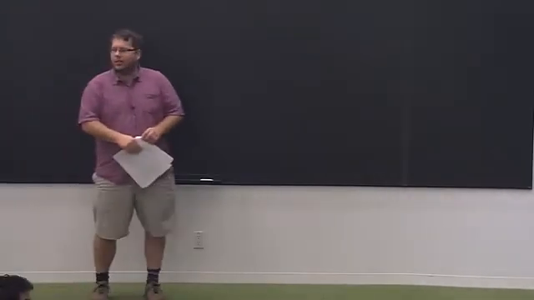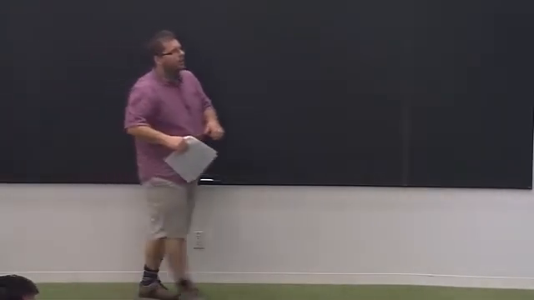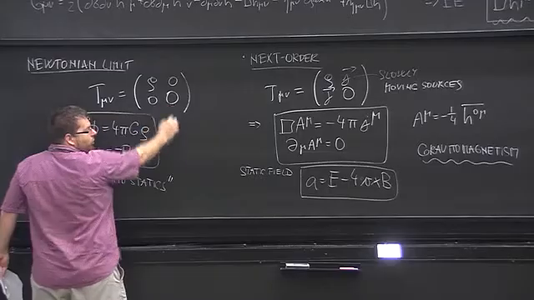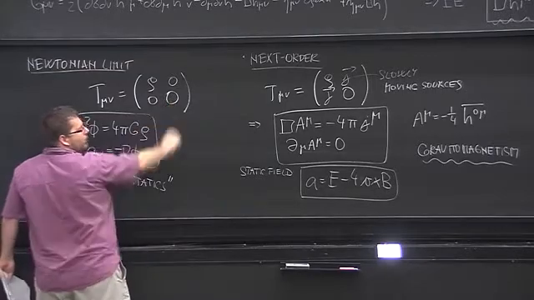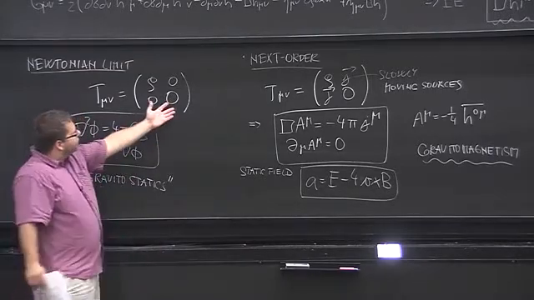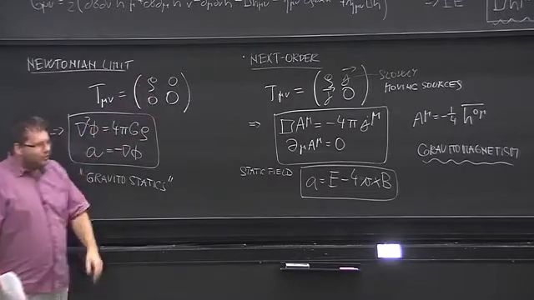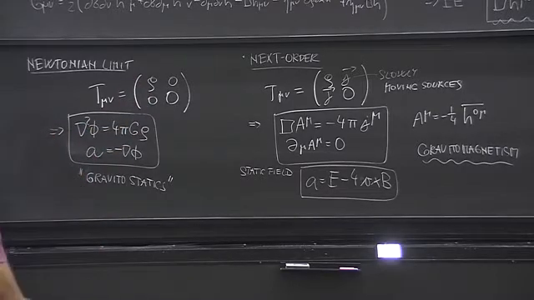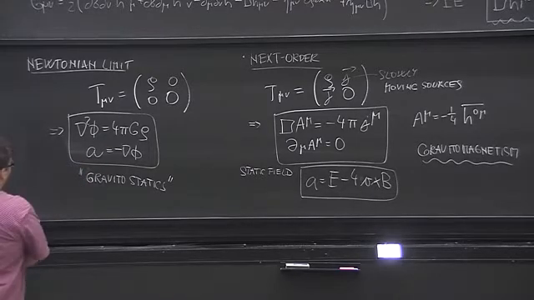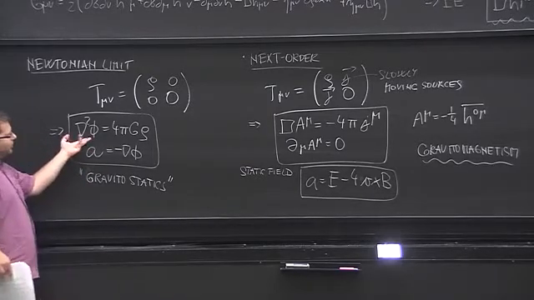It's basically a static limit, so nothing is really moving, and that's why the energy density flux is equal to 0. Also you have small pressures, because the pressures are always suppressed by c squared or something like that, so this is also 0. The rest energy is the dominant contribution to your t mu nu. Then you can show that these linearized Einstein equations simply rewrite as your favorite Poisson equation.